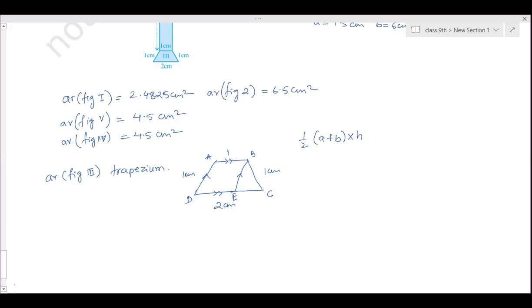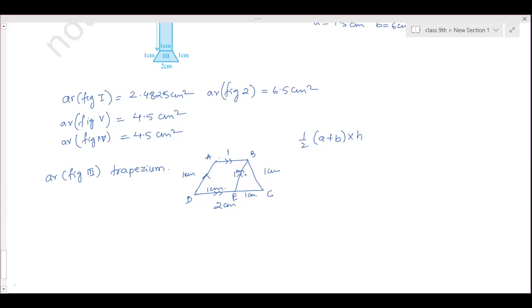Therefore this is a parallelogram. In a parallelogram, opposite sides are equal. AB is 1 centimeter, so DE is also equal to 1 centimeter. Full DC is 2 centimeter. Out of that, DE is 1 centimeter. Then what is EC? 1 centimeter.